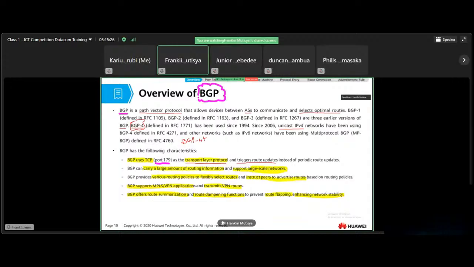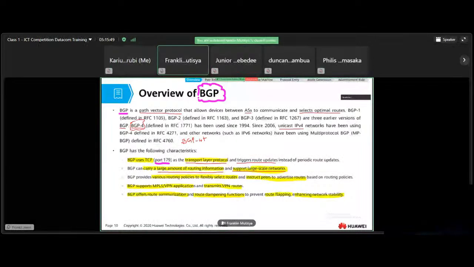Instead, we trigger them at the transport layer, so whenever we have a problem between two routers, we can trigger updates. BGP can carry large amounts of routing information, and it's ideal for large-scale networks.